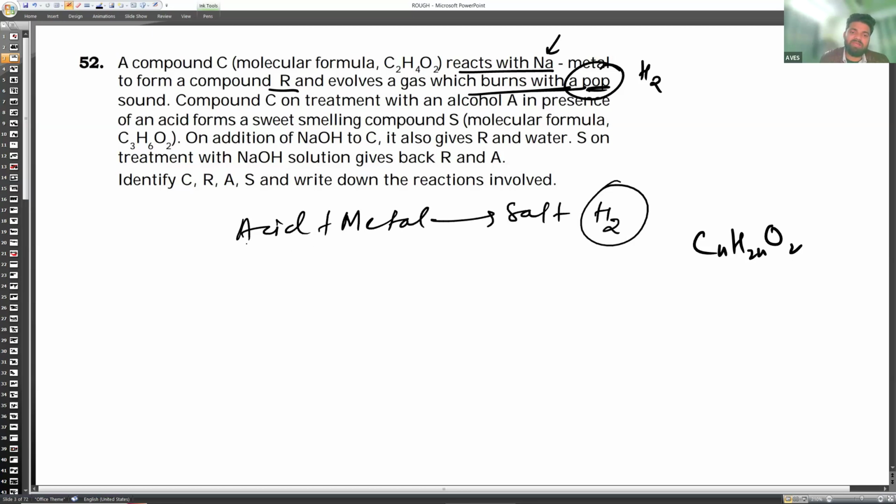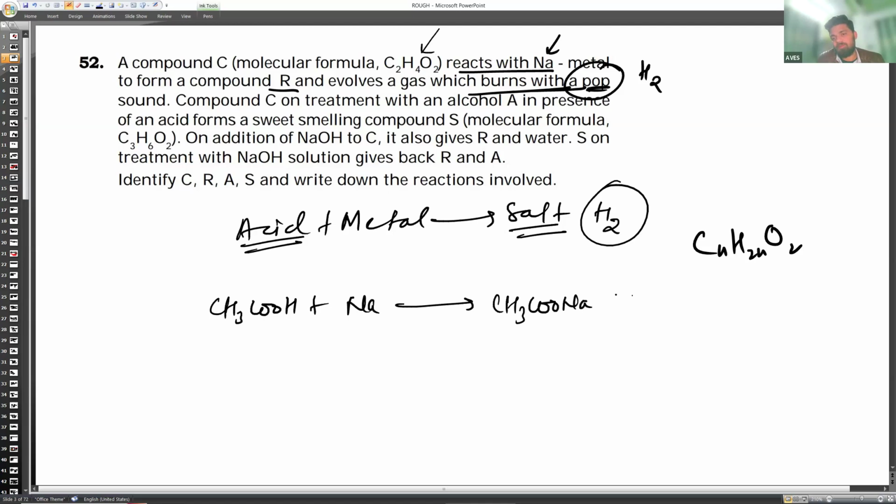So it is confirmed that this is a carboxylic acid, a 2 carbon carboxylic acid. So you can take it as CH3COOH. When it reacts with sodium, it will give salt, CH3COONa, plus hydrogen gas. So it is compound C and it is R. Got it? Can you tell me the name of compound R? Sodium ethanoate. Yes, it is sodium ethanoate.